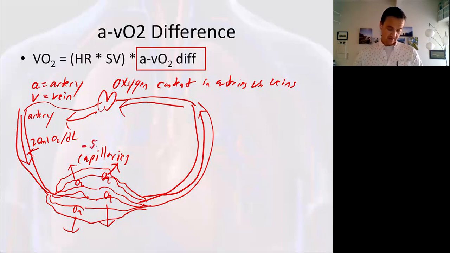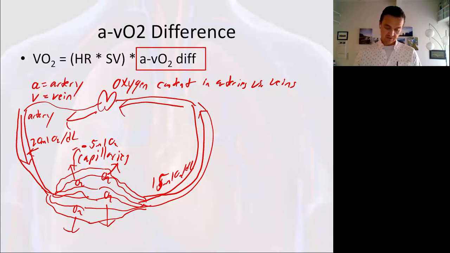About 5 mLs of O2 comes out, so what we end up with over here is about 15 mLs of O2 per deciliter. Don't worry too much about the deciliter part. It's just the idea that a certain amount of oxygen goes in, a certain amount gets extracted, and a certain amount comes back.